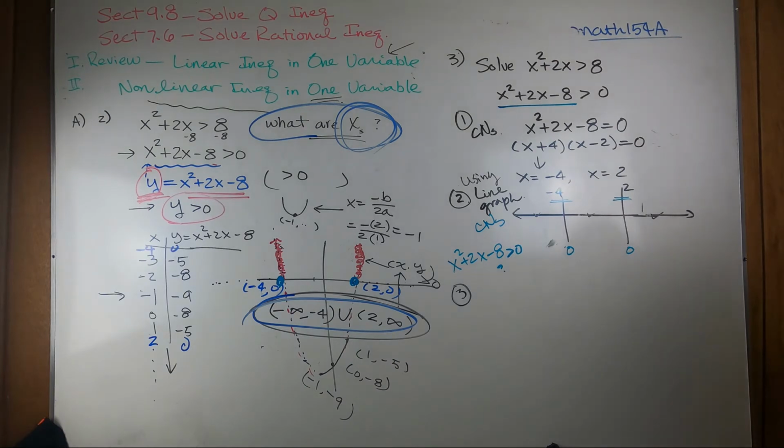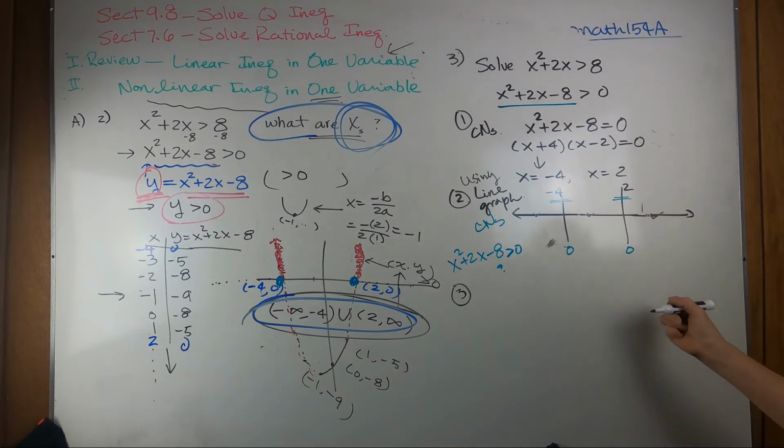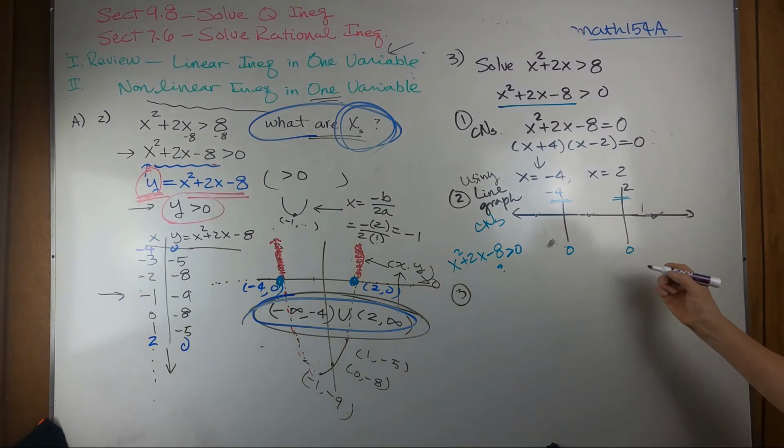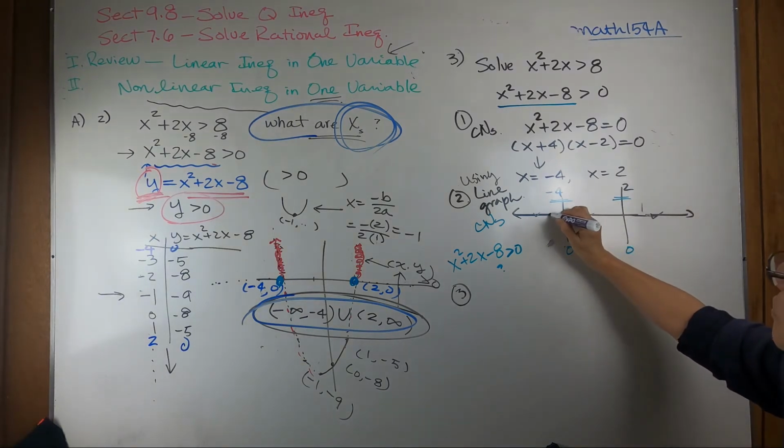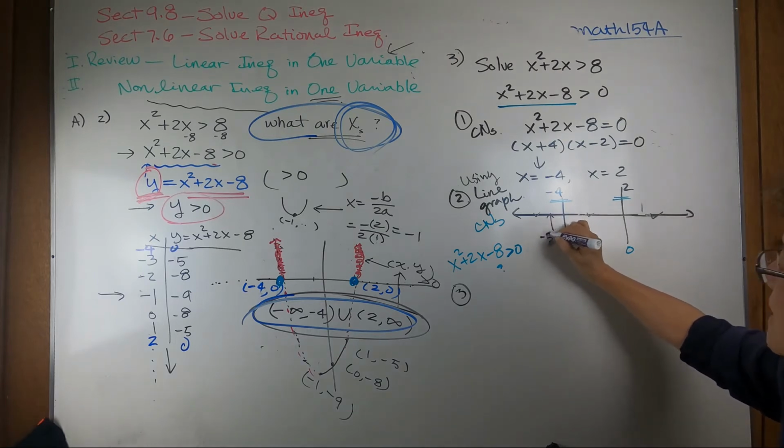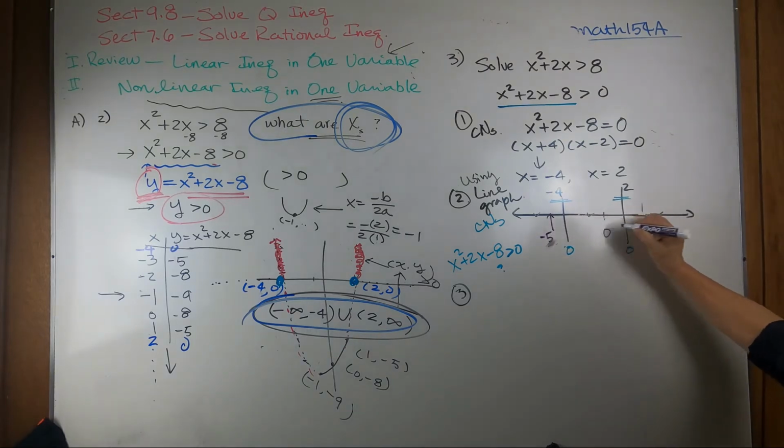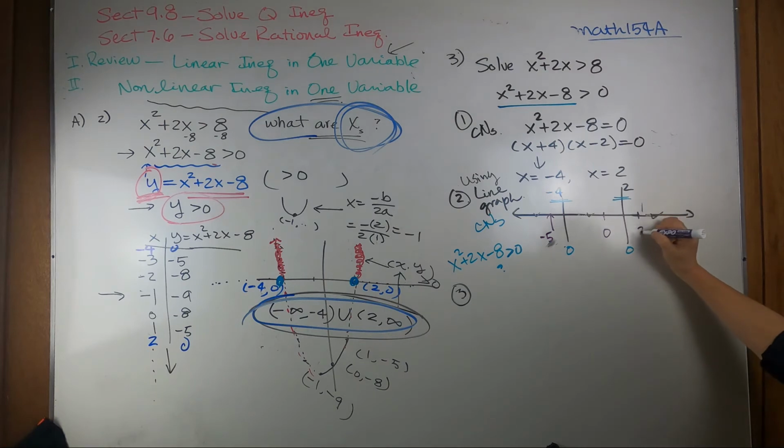So you need to choose test points. Whichever number is easier. I would choose negative 5, I would choose 0 here, I would choose 3 here. Just smaller numbers to deal with.